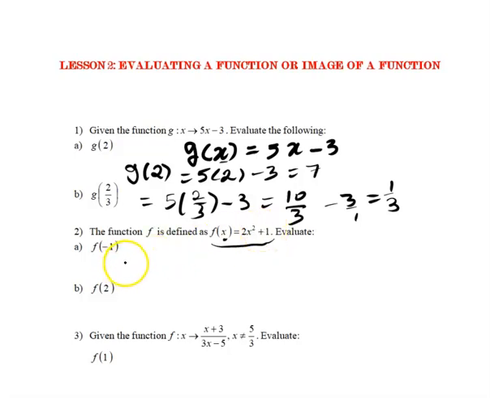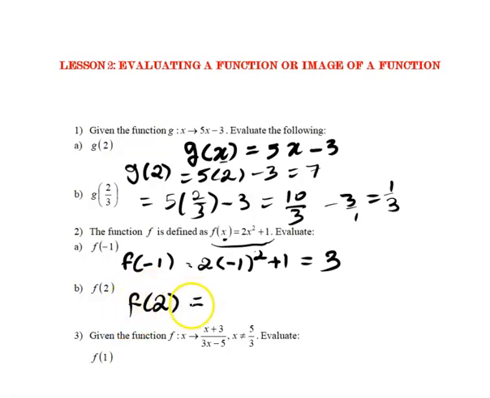So I'm going to take f of negative 1: negative 1 squared, plus 1. I square it. Negative 1 squared is positive 1, times 2 is 2, plus 1, 3.